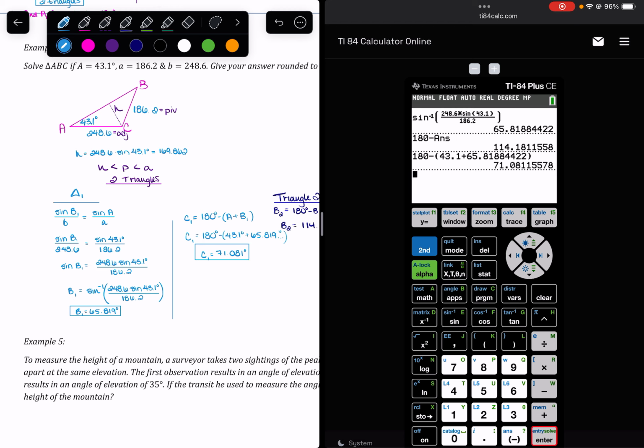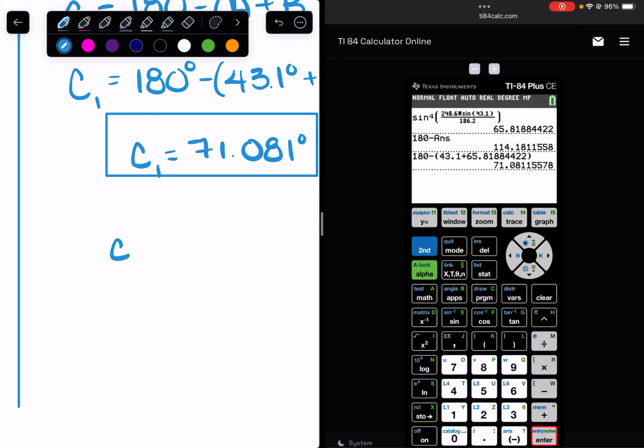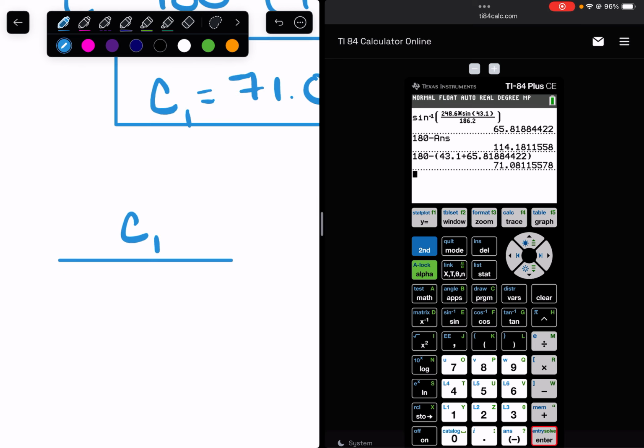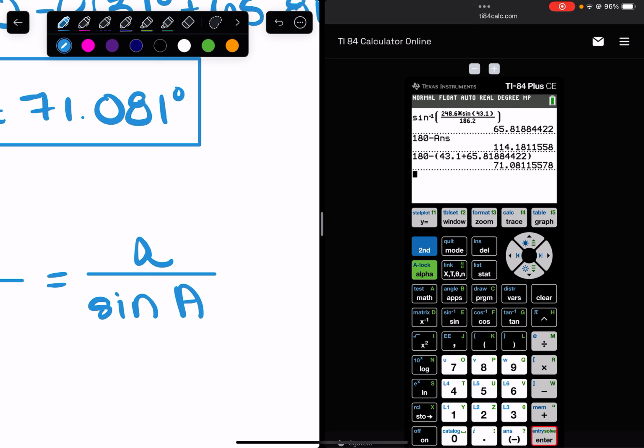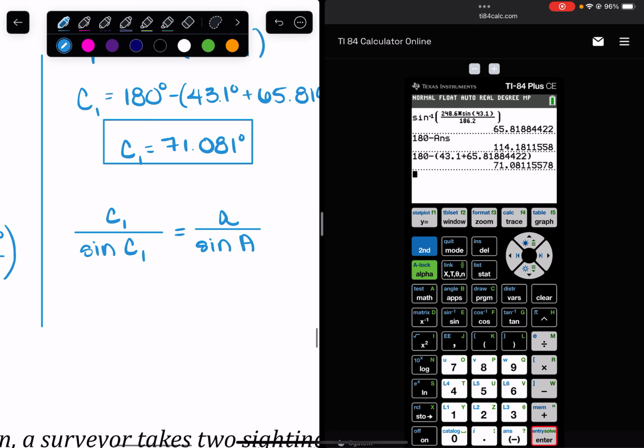So law of sines. Side C1 is going to be the ratio between its angle. Sine of angle C1 is equal to side A over sine of angle A. Okay.